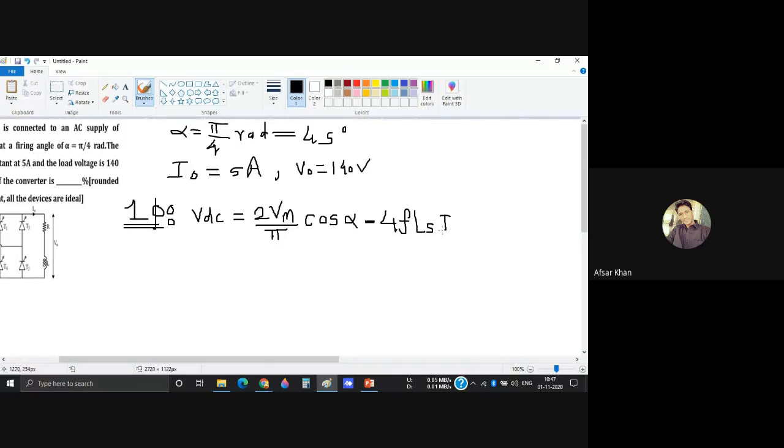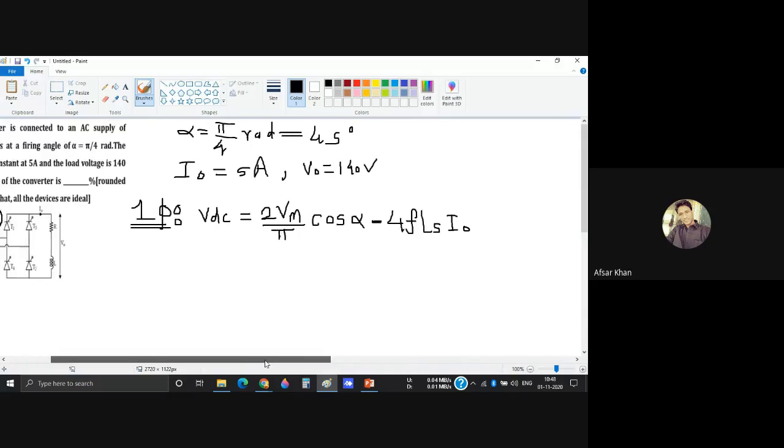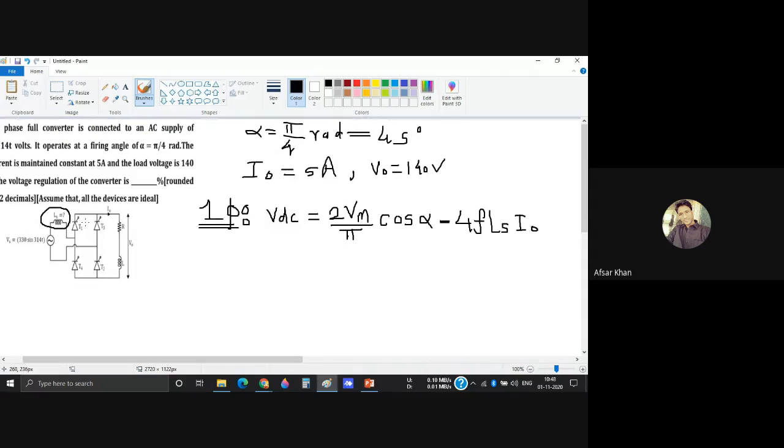Students have studied this derivation in power electronics: controlled rectifier, full rectifier with source inductance, effect of source inductance. So there is a formula. You just need to subtract this drop from the output, and you will get the average DC voltage.